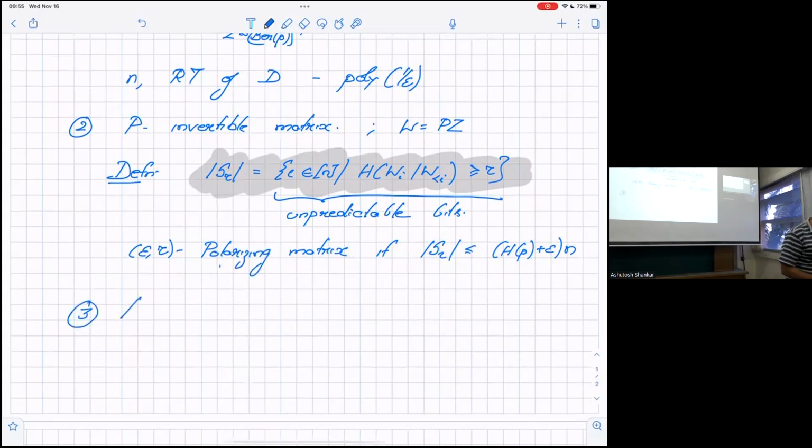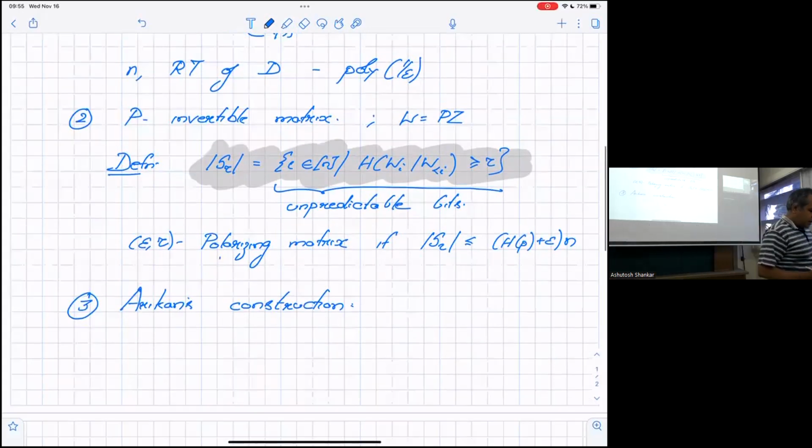Now, third was finally Arikan's construction, the explicit construction. Let's ask, for the simplest case, what the construction should be for P2. It is taking 2 bits.